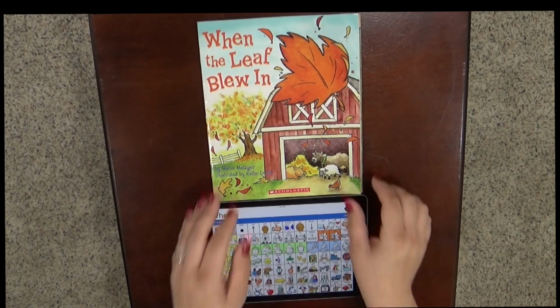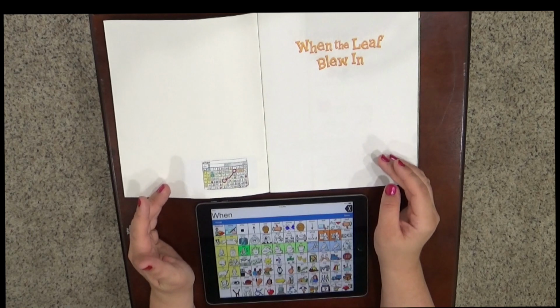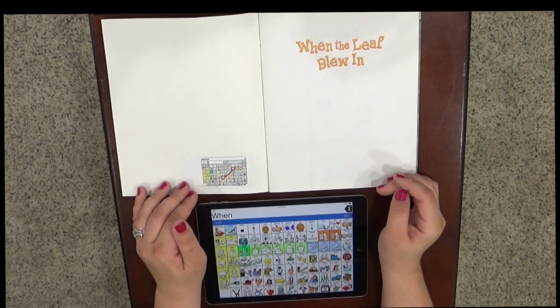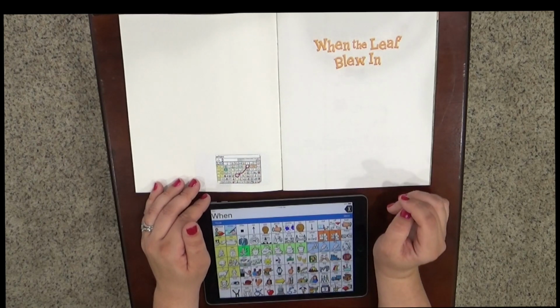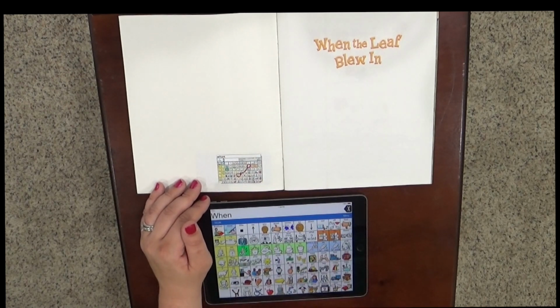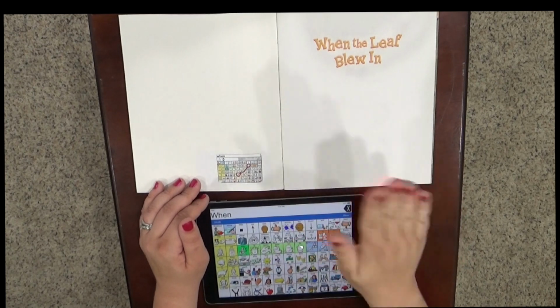Okay. I'm also going to show you something great that you can do for your teachers or your aides, paraprofessionals, or just for yourself to remind yourself of what word you're going to work on. I will be doing an upcoming video on how to print out pictures on Avery labels, and then they're so great to use in books that you don't have to print it out on paper and then tape it on.